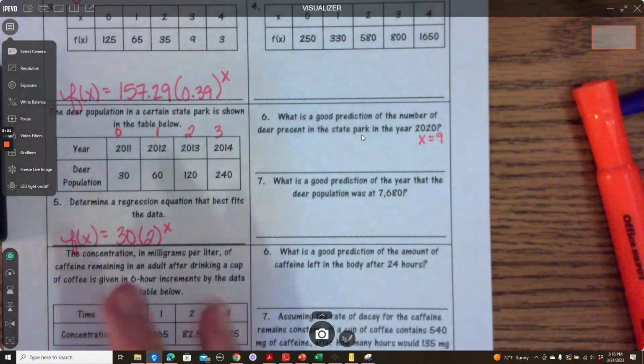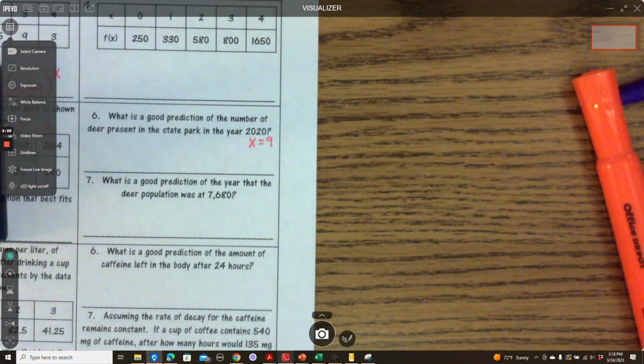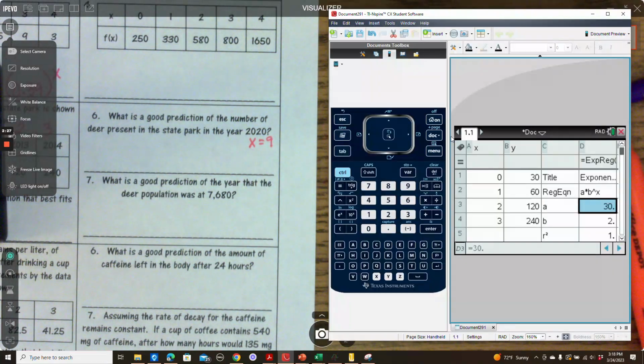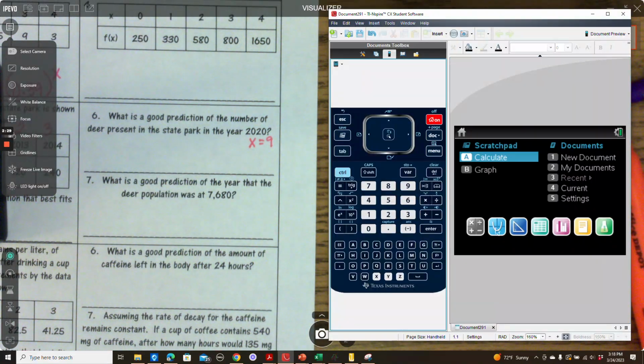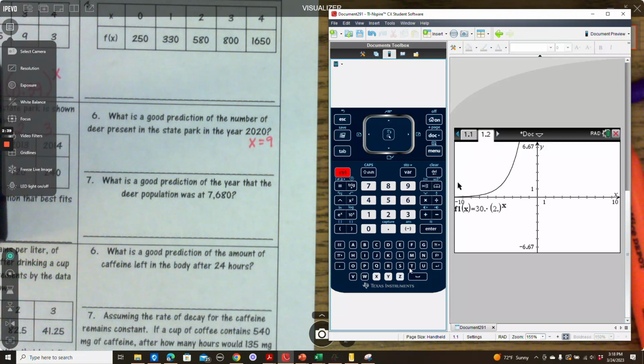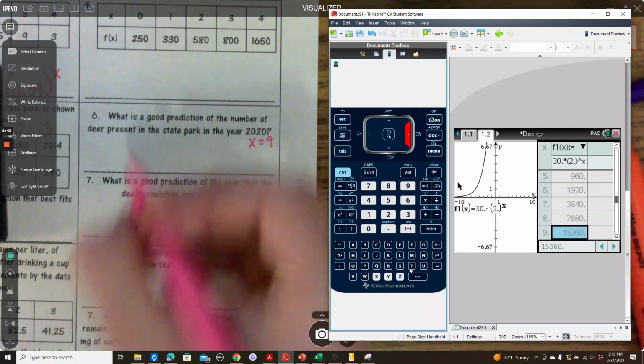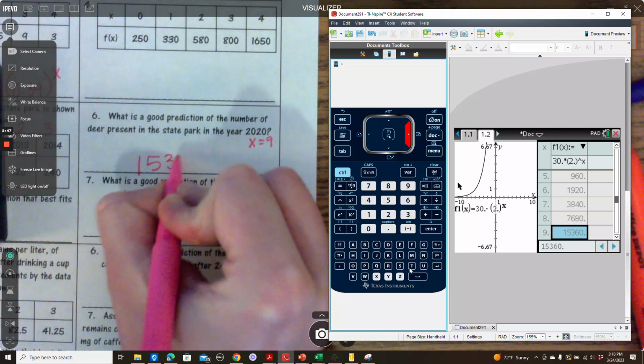Okay, so what we can do now, since we've already done regression, in the calculator, we don't want to clear this, but if you click home and then graph, remember you can go up and it puts that regression equation in there. All you have to do is hit enter. And then I can pull up the table and I can find where X is 9 in the table, and then the Y value, its partner, is my answer.